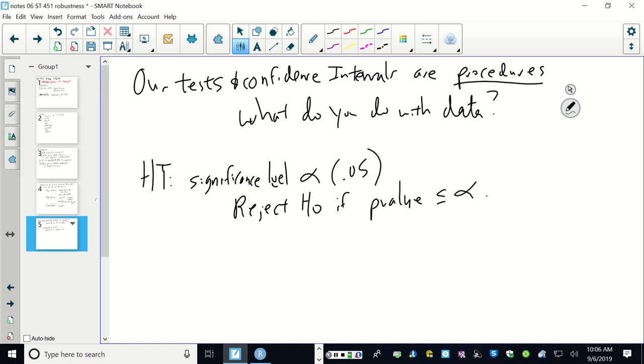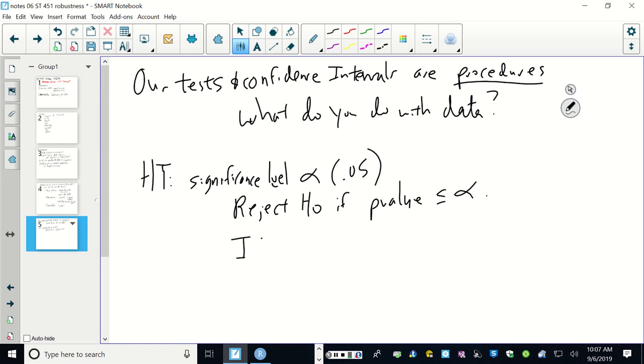Well, what does that significance level really signify? What does it really mean, right? So if the null hypothesis is really true, then we're rejecting if we're out in that 0.05 tails, if we're extreme, more rare than 5%.